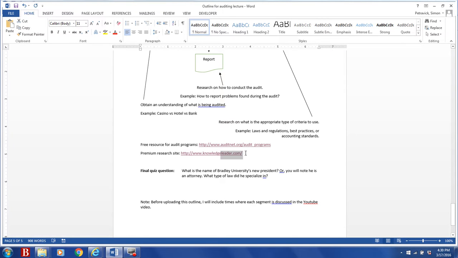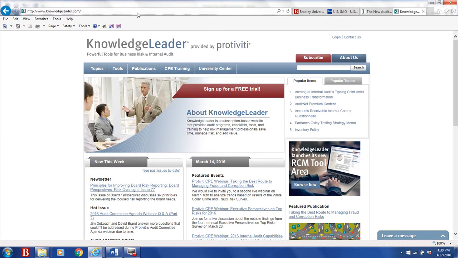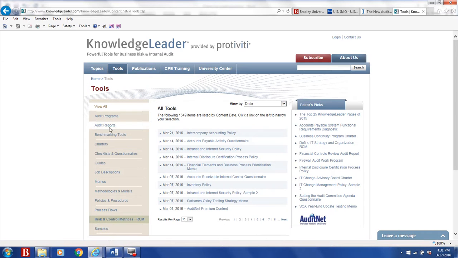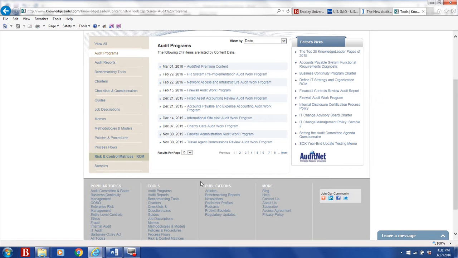And then there's an organization that's pretty good, and their website is called Knowledge Leader. The name of the company is Protiviti, and they aren't an accounting firm. They're a professional services organization that works to help internal auditors do a better job. Once again, if I was looking for some type of audit program, I could follow their menu, and you can see that we have a big list of topics.